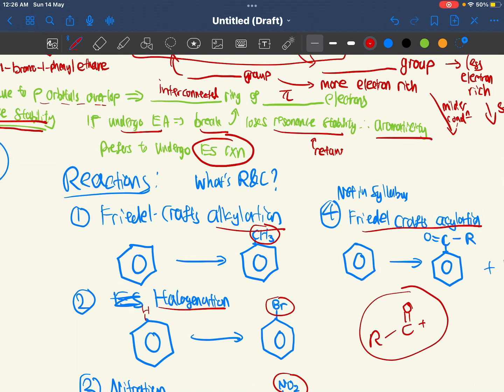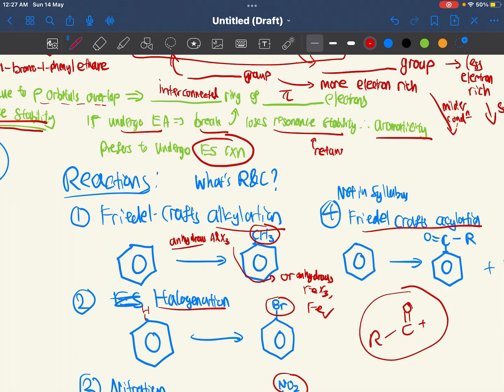So what are the reagents and conditions? For our Friedel-Crafts alkylation, we definitely need anhydrous AlX3, or we can use anhydrous FeX3. For some MCQ questions, they are going to say just use Fe. It's a possible catalyst as well, but you do not need to know how it forms an interaction with the halogen atoms.